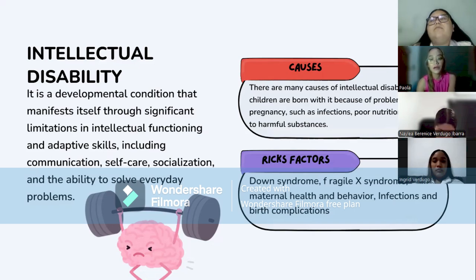Some causes of this intellectual disability: some children are born with it because of problems during pregnancy, such as infections, poor nutrition, or exposure to harmful substances. Risk factors: Down syndrome, Fragile X syndrome, maternal health and behavior, infections, and birth complications.